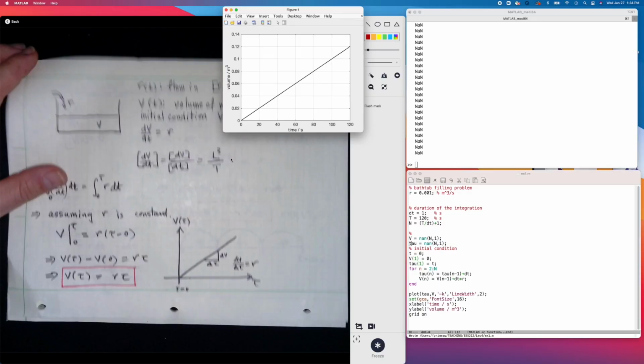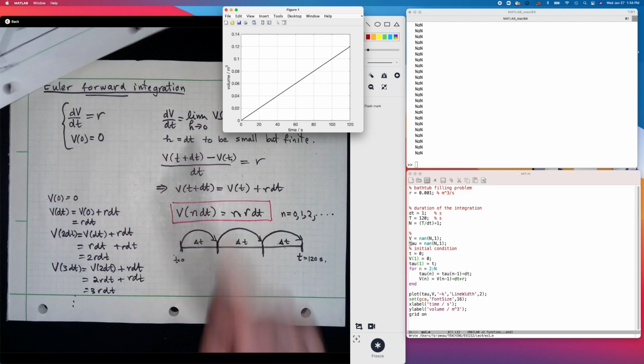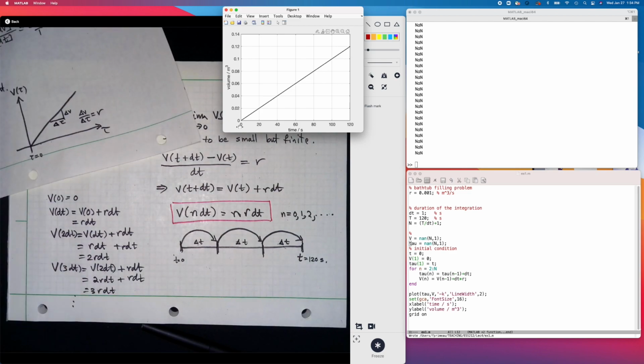Now we will see, when we do more complicated problems, it will not be the case that the discrete solution is exactly equal to the analytical solution. There will be some errors that come in from the act of not taking the limit when we define the derivative. But you can see the volume is increasing linearly and the rate of increase is r, so we can check that that's correct.